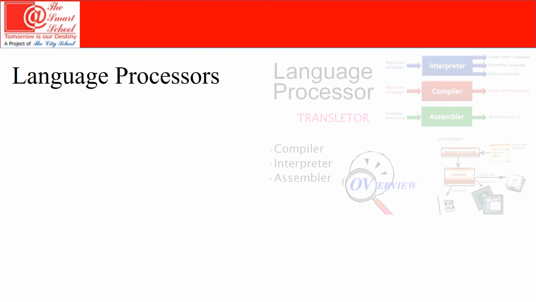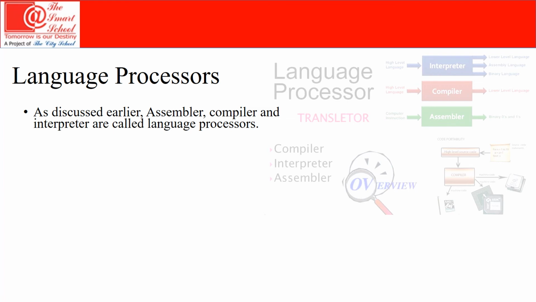Language processors. Students, as already mentioned, the computer cannot directly understand the codes written in high-level languages. These codes must be translated into machine language before the CPU can understand them. For this, there are language processors which do this job.